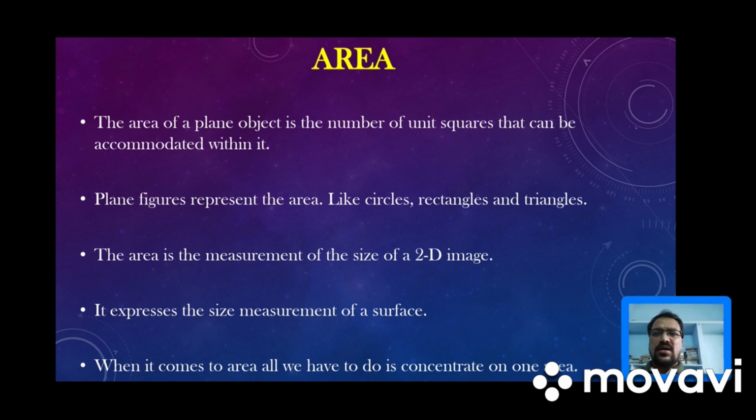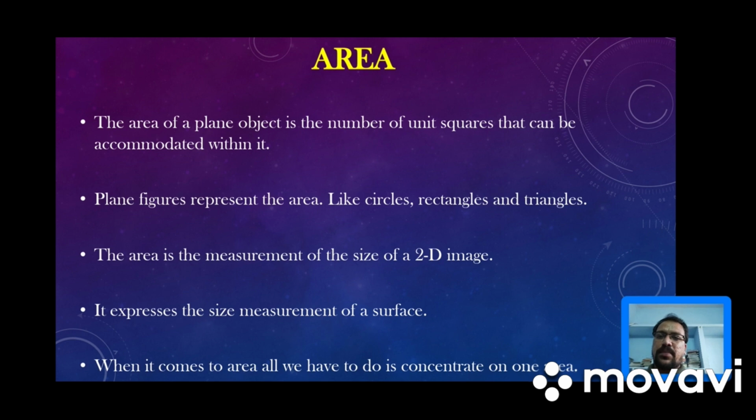Area. What is area? The area of a plane object is the number of unit squares that can be accommodated within it. We have discussed this for finding the area of regular objects and even irregular objects on a square grid. Therefore, the area of a plane object is the number of unit squares.